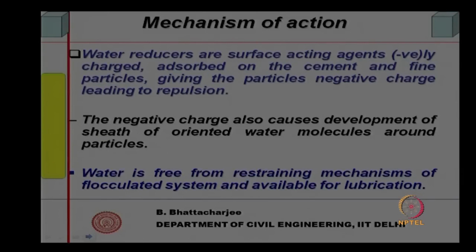Some water gets released from the restraining mechanism of the flocculated system, and therefore this water is available for lubrication, hence the plasticizing effect. So, two ways: first it pushes apart, but this is possibly true for lignosulfonates, SNF and SMF. PC, we will see, on the other hand does something more.